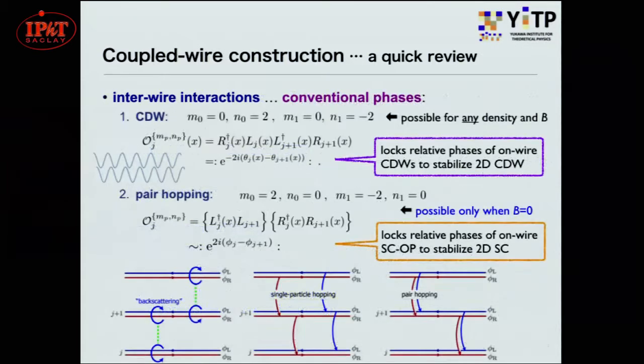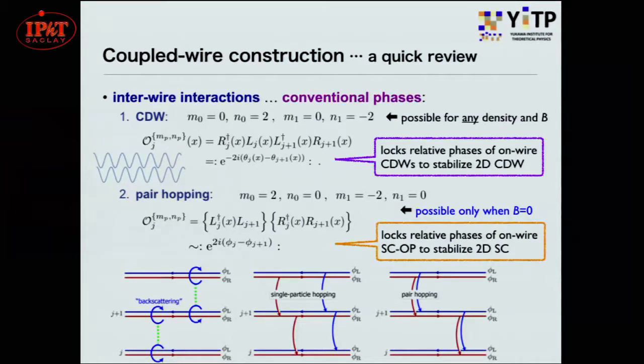Okay, so now I'm going to illustrate how this strategy works to reproduce conventional ordered phases. The first one is the CDW, charge density wave phase, which is stabilized by the interwire interaction given by this combination. So n_0 equals 2 and n_1 equals -2. Plugging this combination into my general expression, we get this.